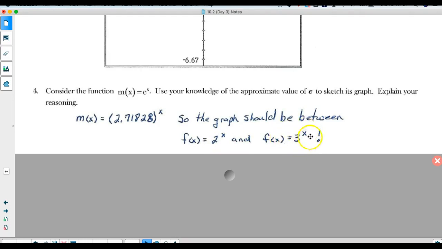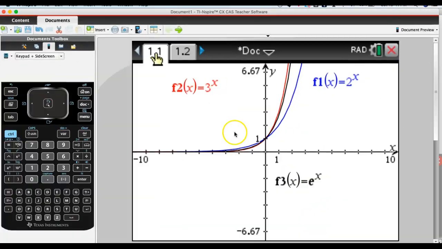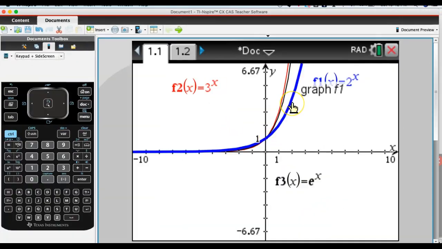It's closer to 3 to the x because 2.72 is closer to 3 than to 2. Here the blue one is 2 to the x, the red one is 3 to the x, and the black one is e to the x. So e is 2.72, getting pretty close to 3, and it falls between those two.